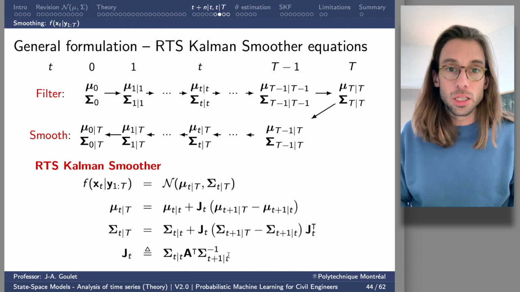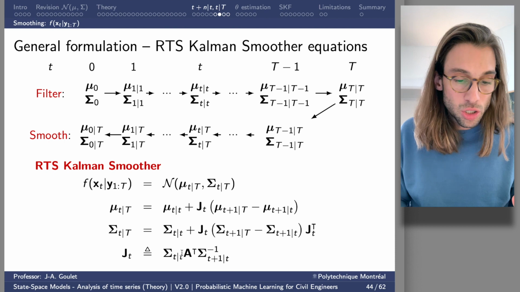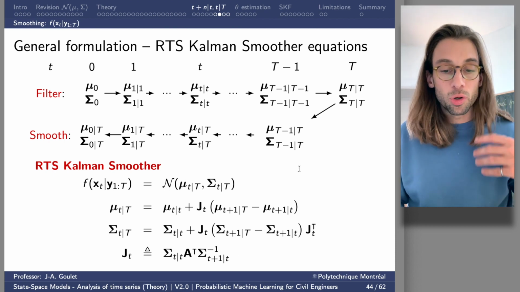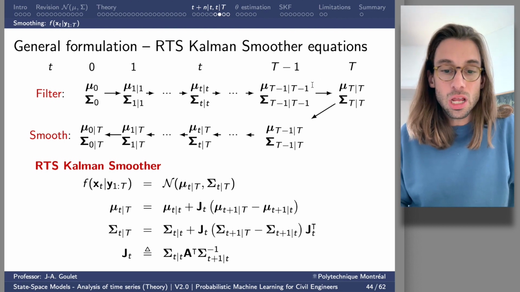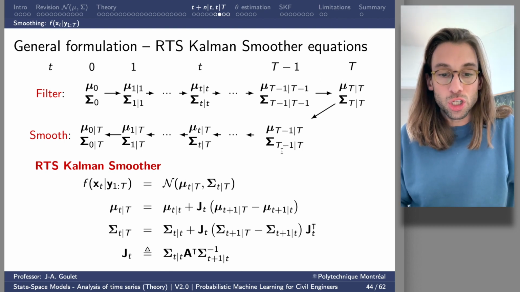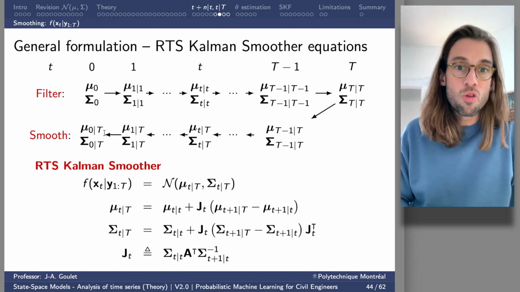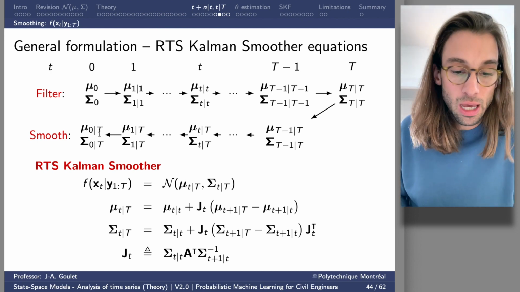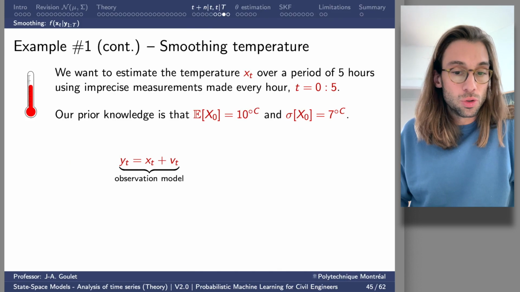J here is not the Jacobian. It's just a term defined by definition as this matrix, where we recursively treat the last estimated step as an observation and go back. When we update this one, we use the next one as the observation and move backward recursively. So this is how we can proceed if we want to do smoothing.